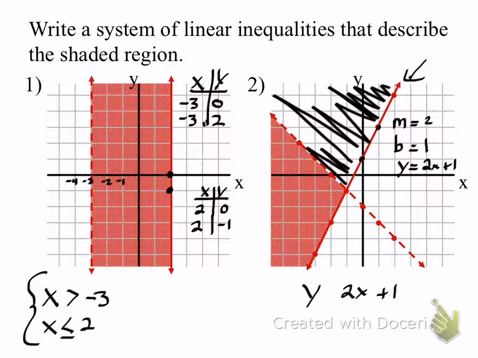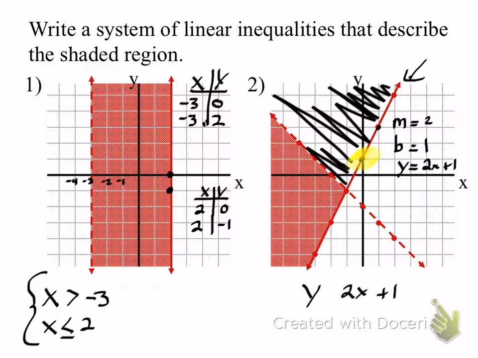Are you with me? So on my y-intercept here, are the areas that are shaded, that are touching the y-intercept, above 1 or below? The numbers that it's shading, if the shading continued, it would eventually touch the numbers on the y-axis that are above or below.